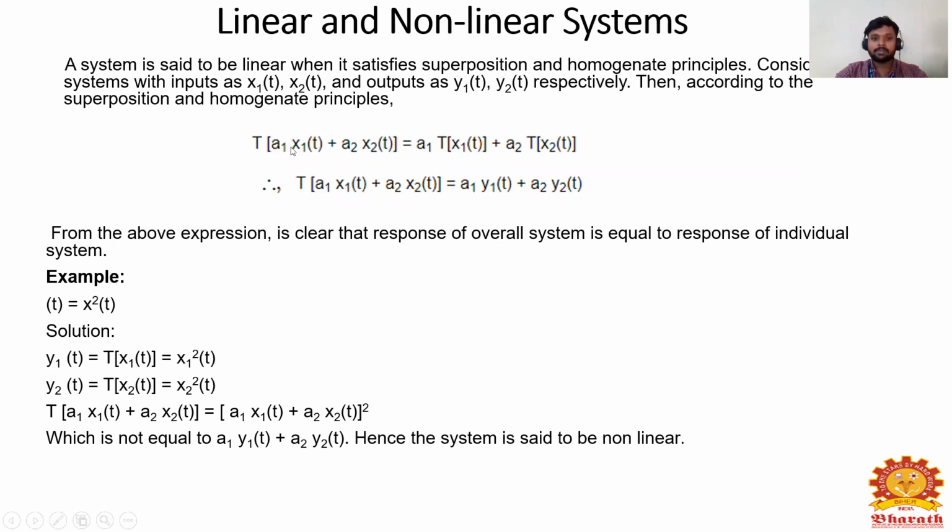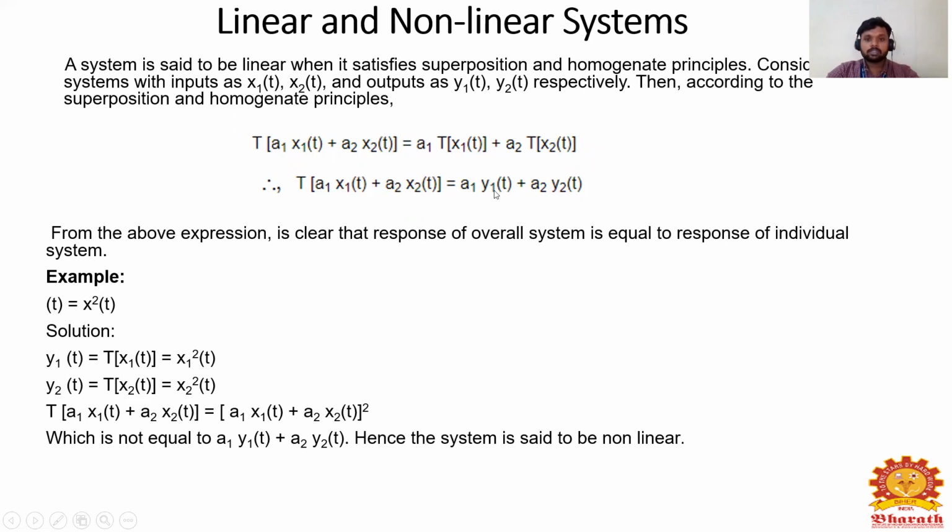I'm just splitting this equation into two values. So that is a1 T1 x1 of t plus a2 T2 x2 of t. So T of a1 x1 of t plus a2 x2 of t is equal to a1 y1 of t plus a2 y2 of t.